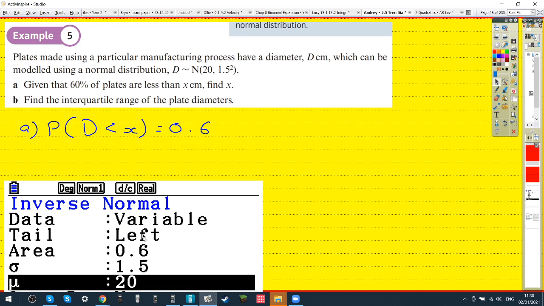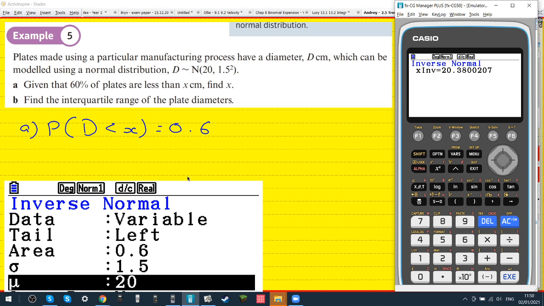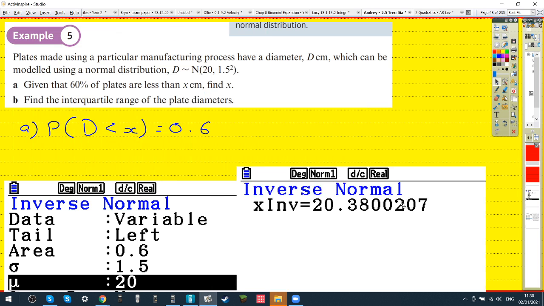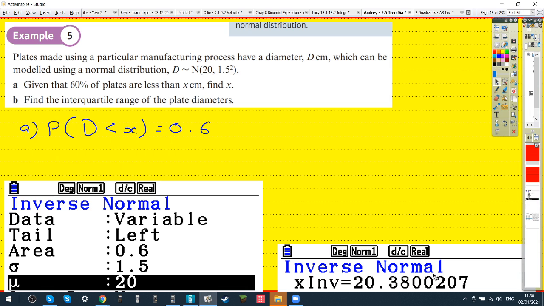Part B. So get the interquartile range. Would I need to now make the tail right and then subtract both answers from each other? That's not how interquartile range works.